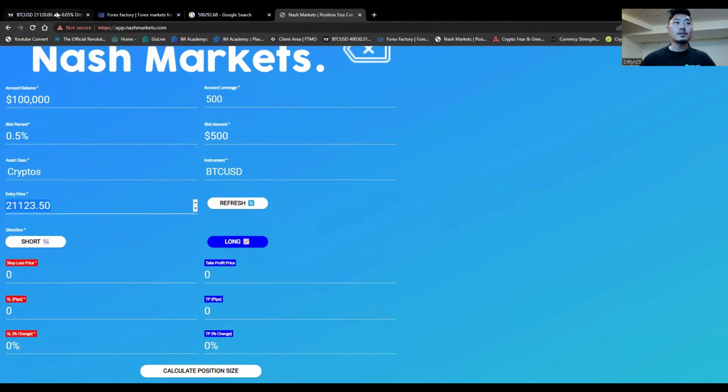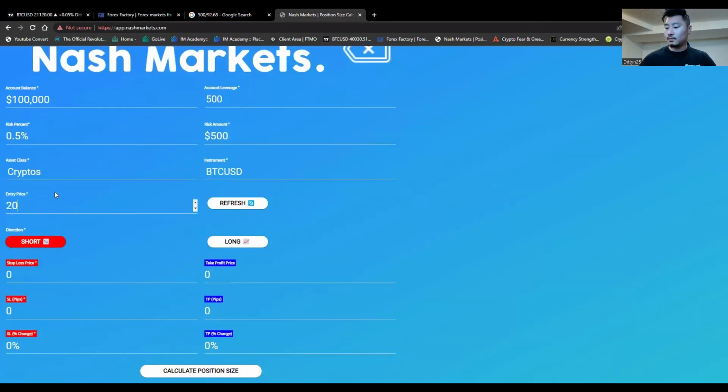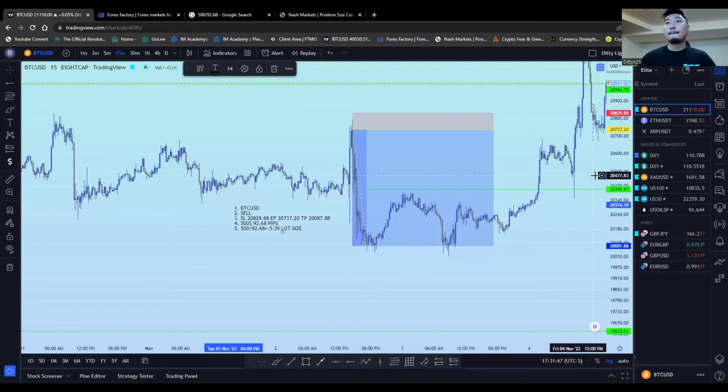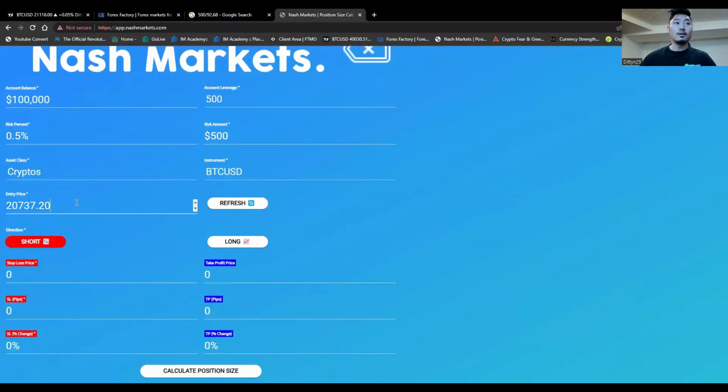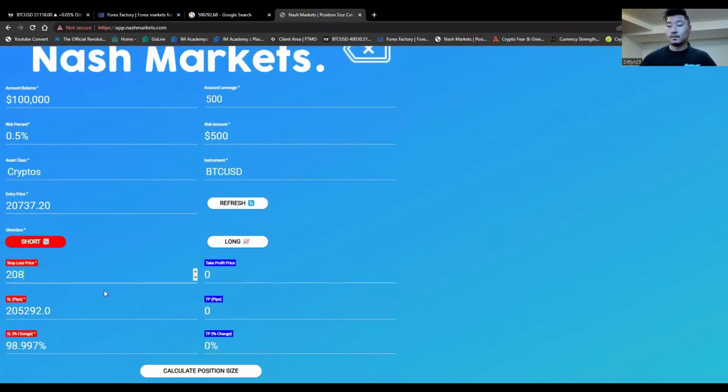So the entry price, it was a short, so the entry price is here, 737.20. There we go. Short, the SL is, boom, 29, I believe.